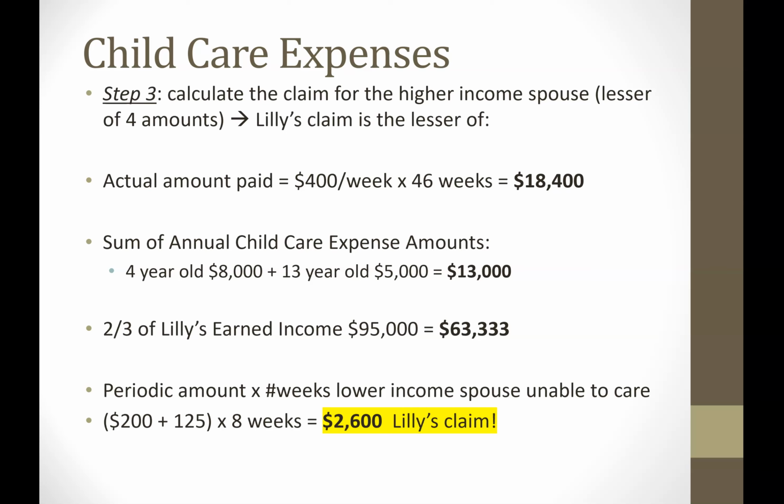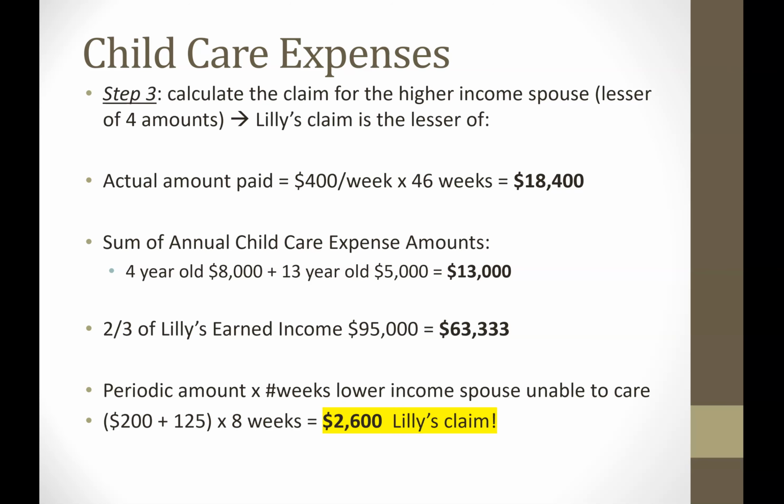So that gives us 2,600. That's the lesser of the 4 amounts. So that's going to be Lilly's claim. Lilly can claim 2,600 as a 3C child care expense deduction when she's calculating her net income for tax purposes.